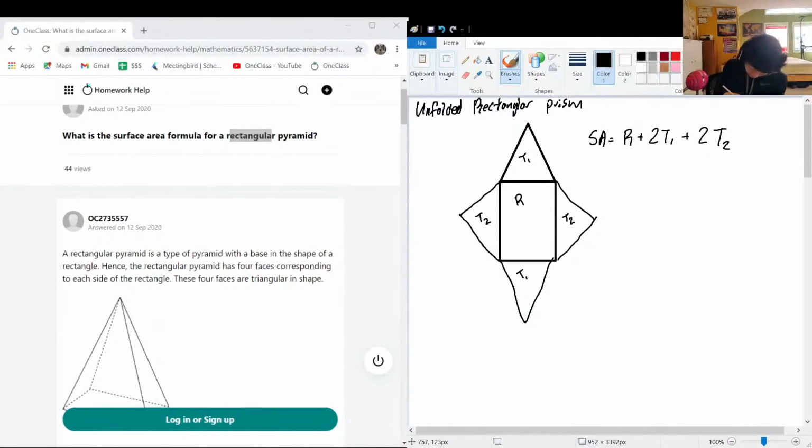So for the rectangle, we are gonna need these properties. So the distance here, that's one of the things we're going to need. Let's call that the length, and let's call this the width.